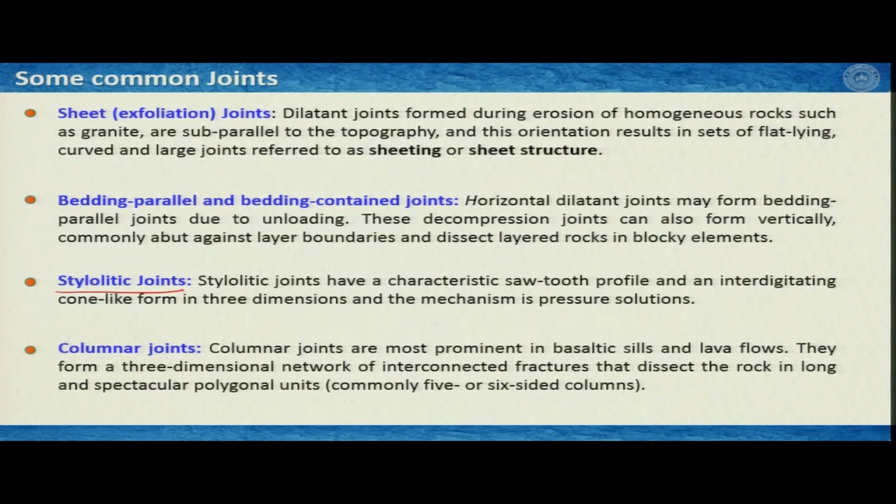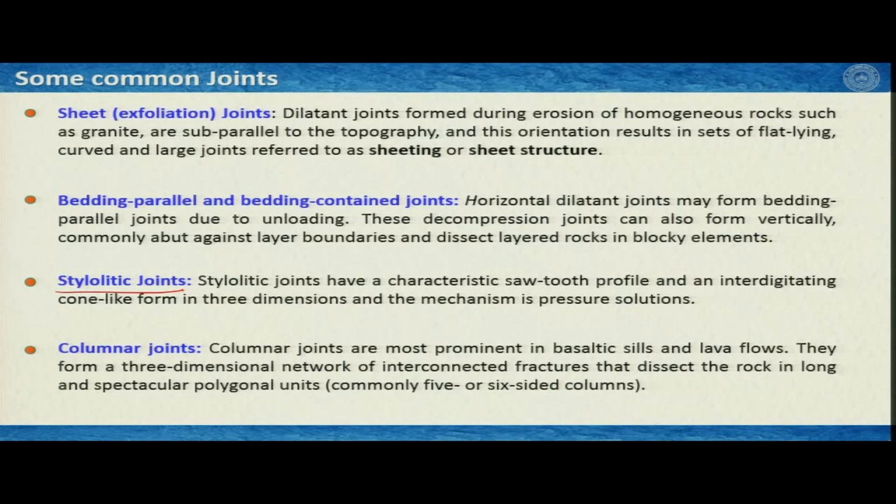There is no opening or shearing, but compaction is working there. So, stylolitic joints have a characteristic sawtooth profile and interdigitating cone-like form in these dimensions, and the mechanism is pressure solution. We have learnt about it in one of the previous lectures.